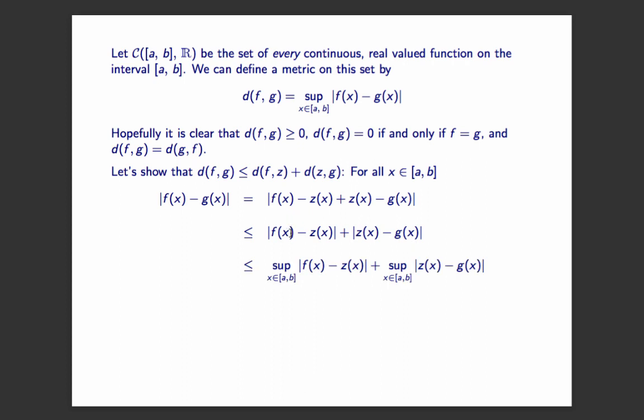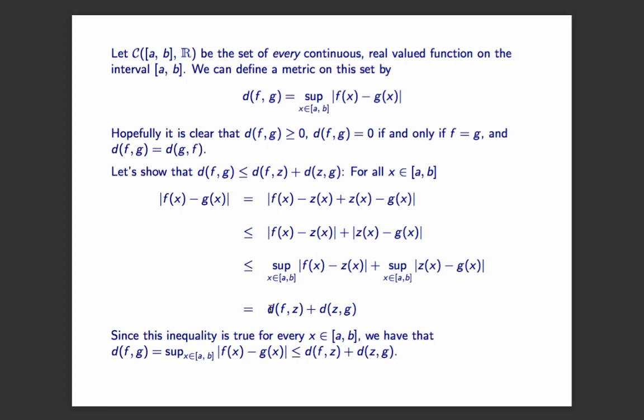And of course, the difference between f and z is less than or equal to the smallest upper bound of all differences. Similarly for the difference between z and g. And then the smallest upper bound, the supremum, well, that's actually the definition of the metric between f and z, and the metric between z and g in the second term of our sum.